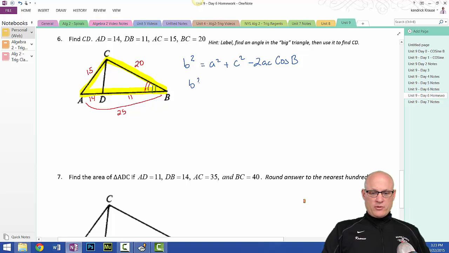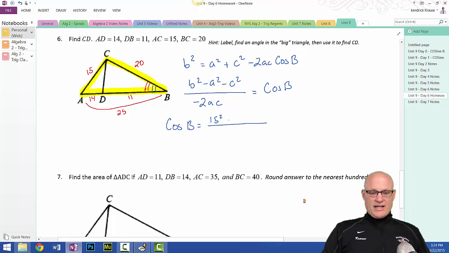So b squared minus a squared minus c squared all over negative 2ac is what's equal to cosine B. All right, now I start plugging stuff in. Cosine B equals, let's see, b squared is 15 squared. Be careful, use the right sides.